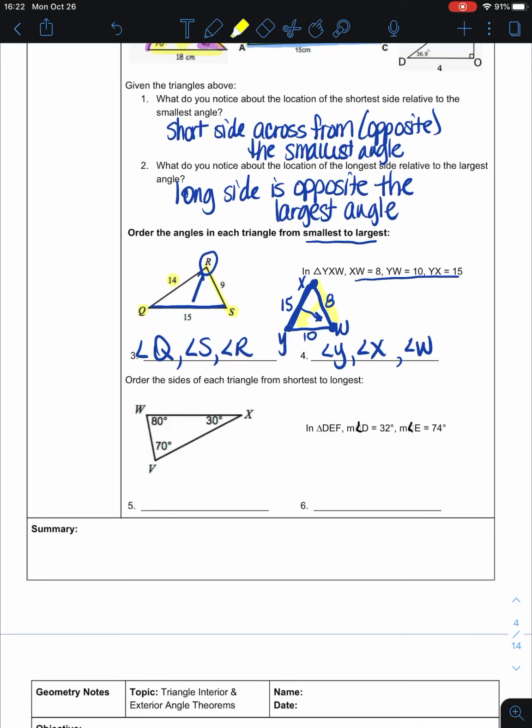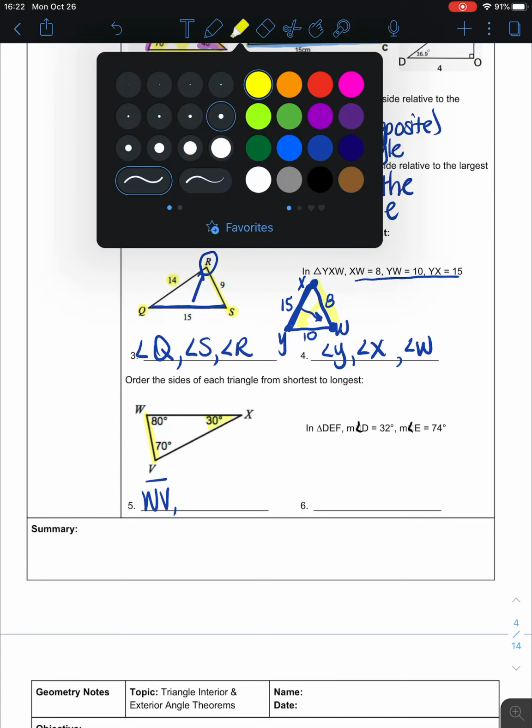Order the sides of each triangle from the shortest to the longest. So in order to determine which one is the shortest side, we need to find the smallest angle. The smallest angle of the three is this 30 degrees, and the ends of that 30-degree angle are at W and V. They extend out and they hit at W and V, which means that WV is my smallest, or my shortest, length.